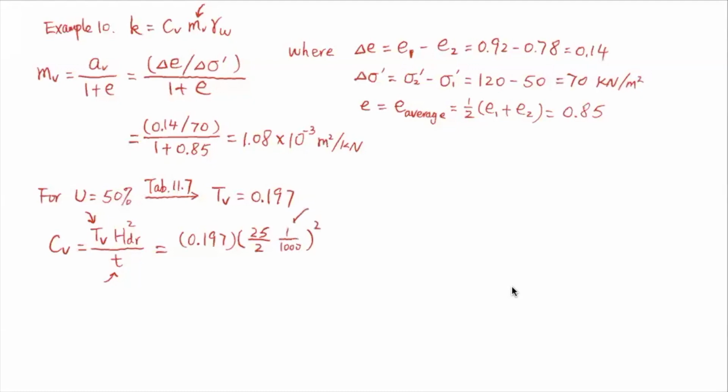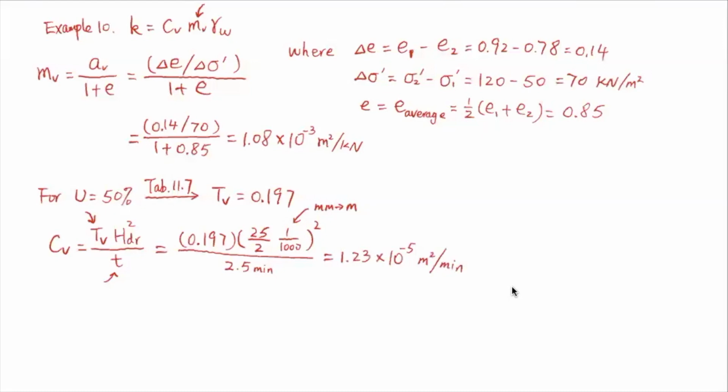And divide that by time t, 2.5, the unit for that is minute. And the coefficient of consolidation, therefore, is 1.23 times 10 to negative 5 meter square per minute.